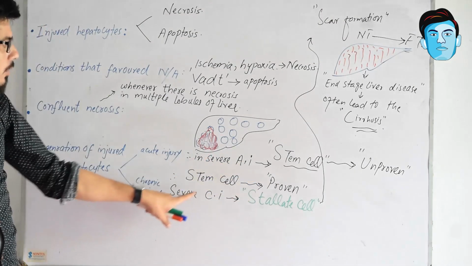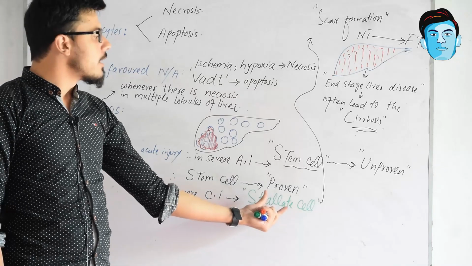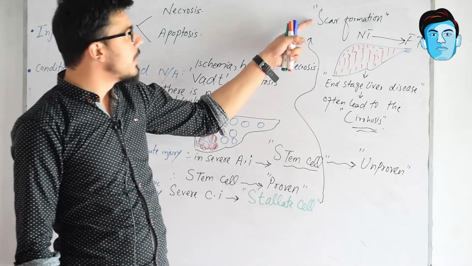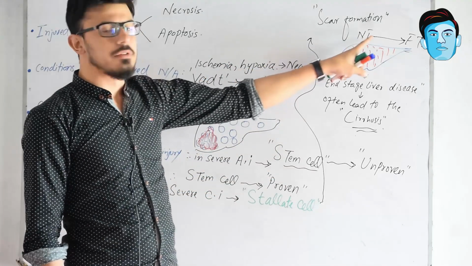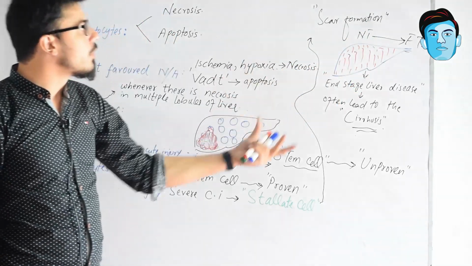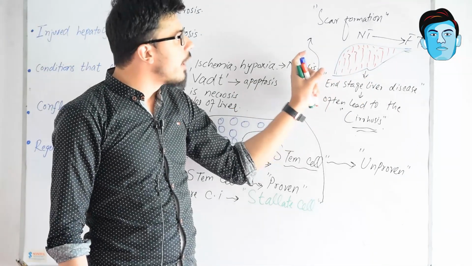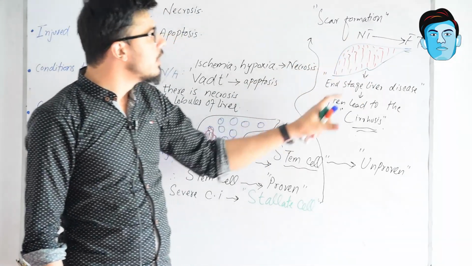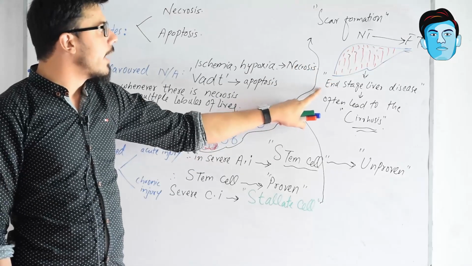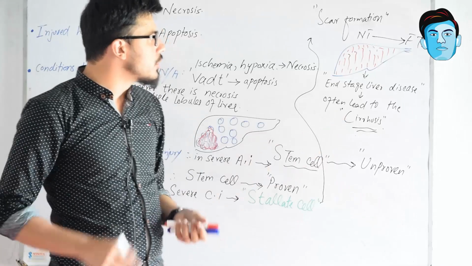In severe chronic injury, there is a major role of the stellate cell, which helps in scar formation, where the normal tissue gets replaced by fibrous deposition, and with time this fibrous deposition becomes so extensive that it involves the whole liver. We call that condition end stage liver disease, which often leads to cirrhosis.